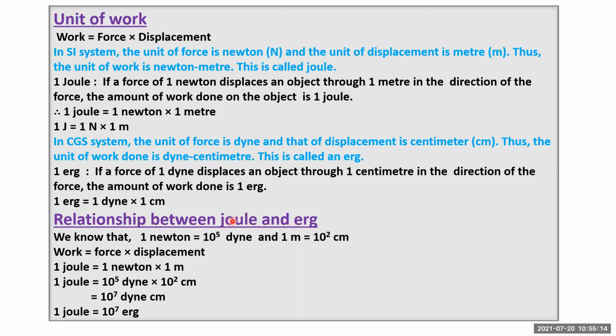Now, how can we establish a relation between joule and erg? Since we know 1 Newton is equal to 10 raised to power 5 dyne and 1 meter is equal to 10 raised to power 2 centimeter, we put those values in the formula work is equal to force into displacement. 1 joule is equal to 1 Newton into 1 meter. In joule, we take force in Newton and displacement in meter.